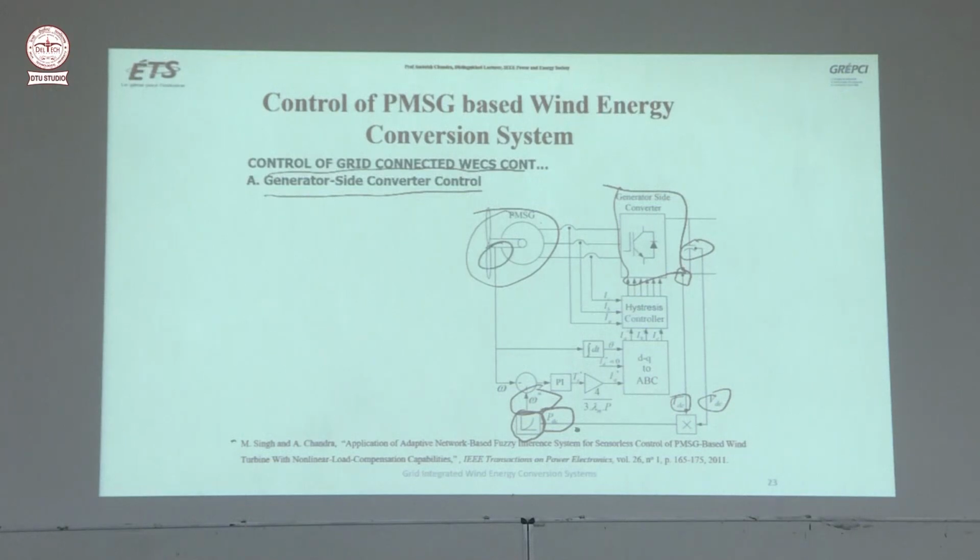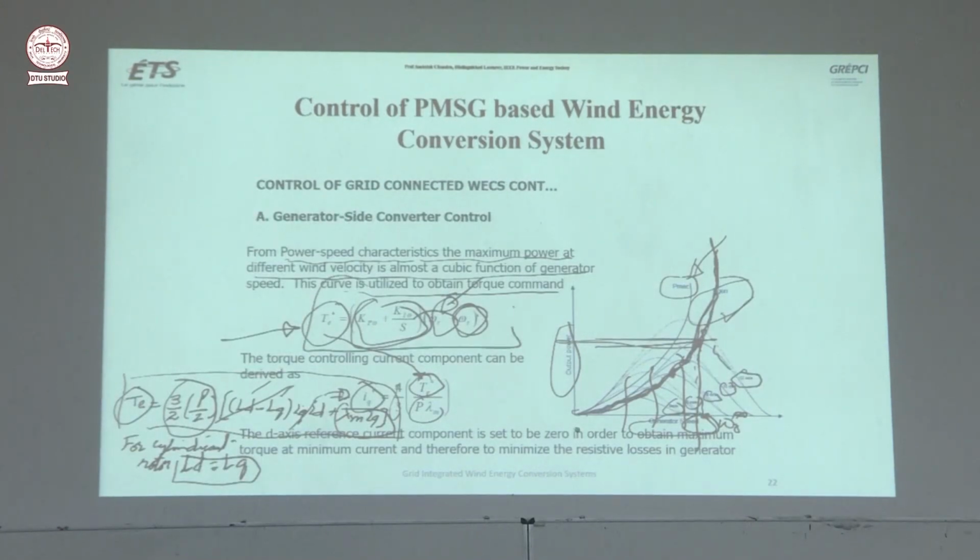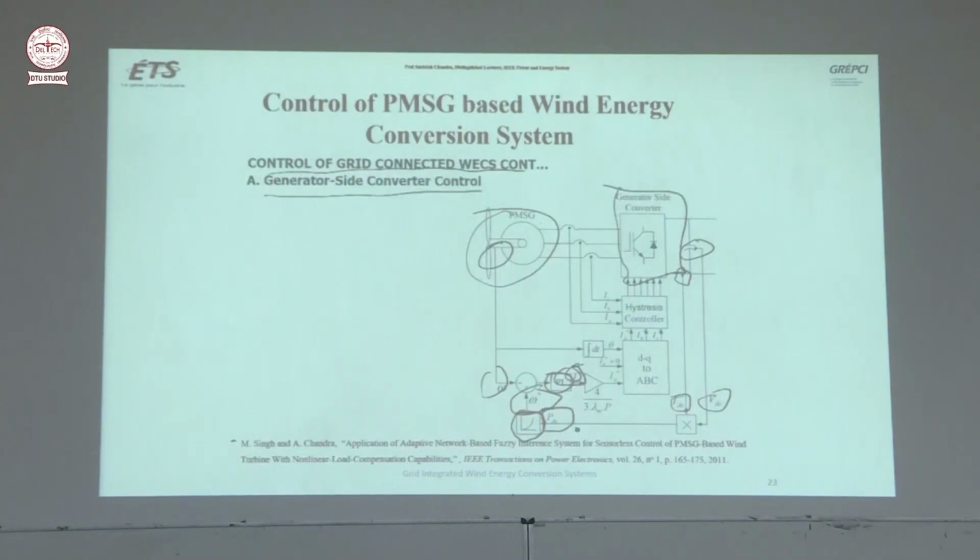Then you measure the actual speed, and you calculate with the PI, and this is the electric torque using this equation. Once your reference electric torque is calculated, using this term you can calculate the IQ reference, and you can put the ID reference as 0. Because you have measured the speed, you can integrate it, and this will give you the theta angle.